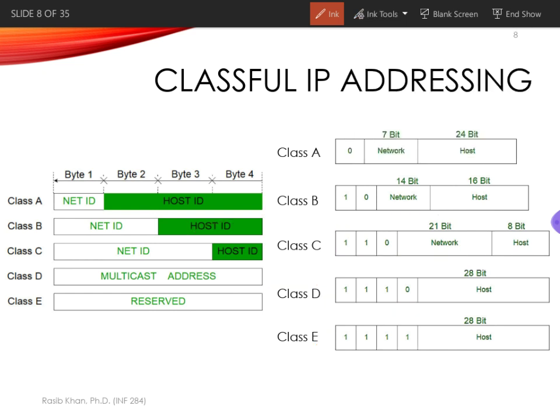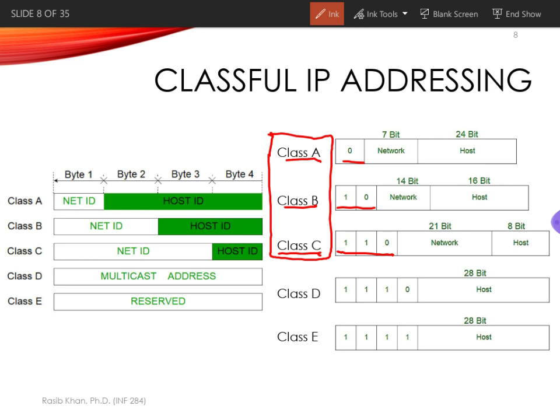However, classes A, B, and C are commonly used for host addresses, and that is what we commonly see assigned to our machines. Whenever we're given an IP, we just need to convert the first octet into binary. If the first bit is set to 0, it belongs to class A. If the first 2 bits are 1 and 0, it belongs to class B. And if the first 3 bits are set to 110, the IP address belongs to class C.